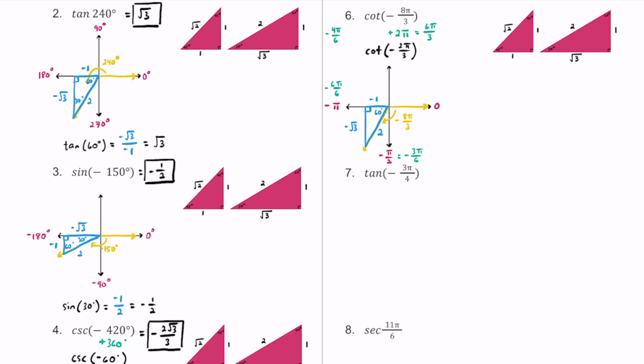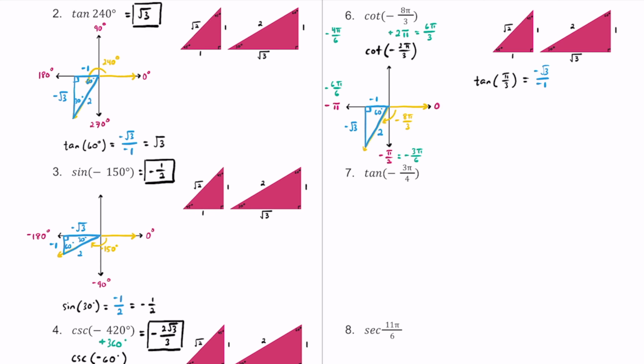Now we want to find cotangent, but the reciprocal is tangent, so that's usually easier to start with. So tangent of pi over 3, same thing as 60 degrees. Tangent is opposite over adjacent, or y over x, that's going to be negative root 3 over negative 1.